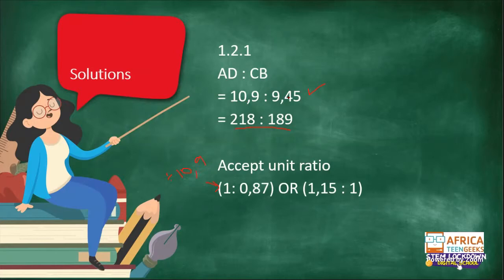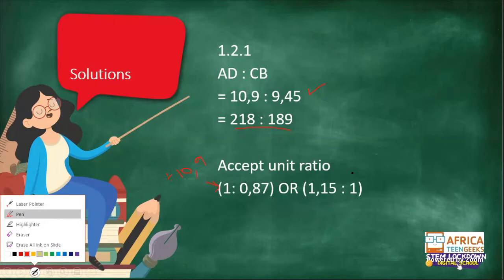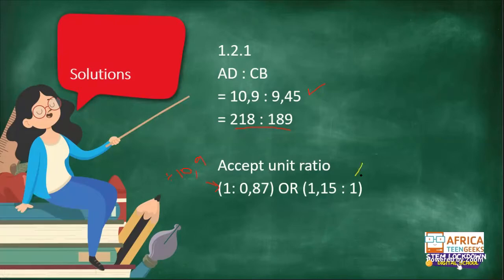Obviously, if you divide on the left, you must divide on the right. And then to get this ratio, you divide both of these values by 9.45.